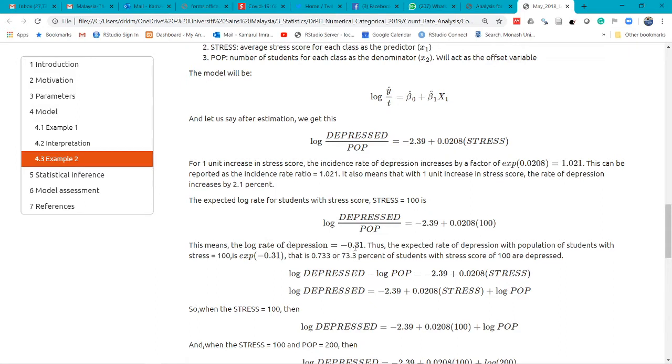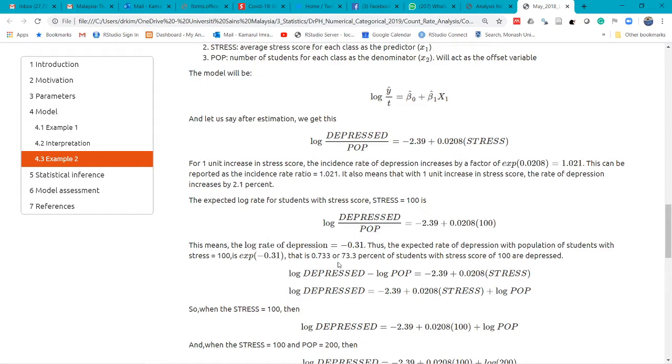If you exponentiate this, one unit increase in stress changes the incidence rate by a factor of 1.021.